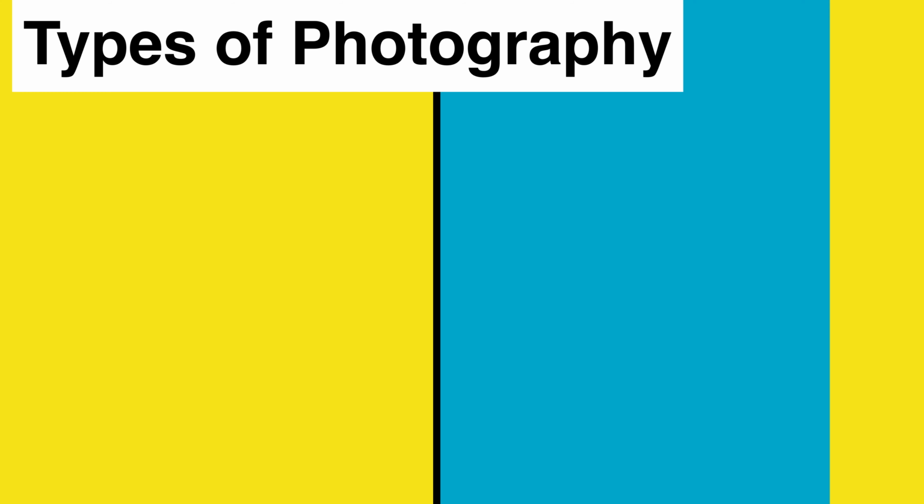Types of photography. You can either be reading along in your syllabus and handbook, or you can go ahead and just make notes on your own. That's totally fine with me. I don't mind either way. But first thing, what is photography?